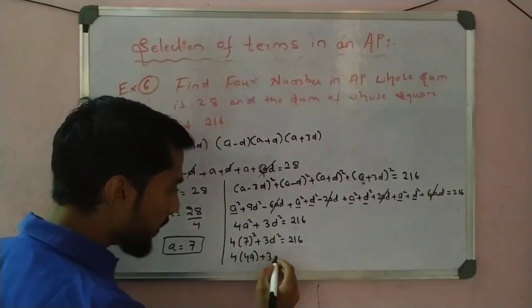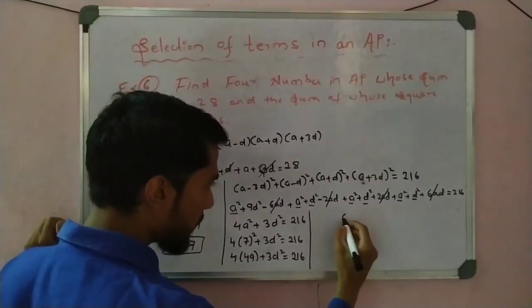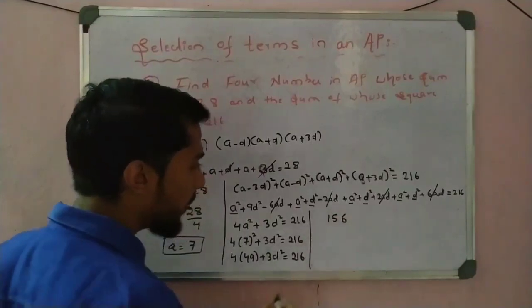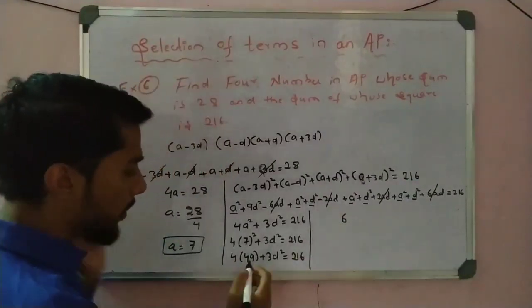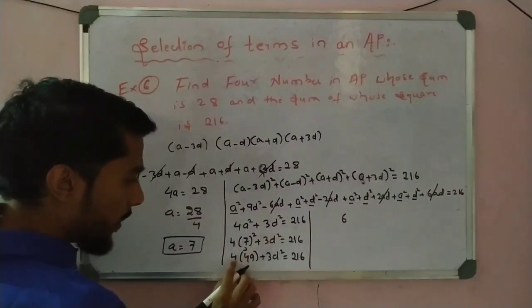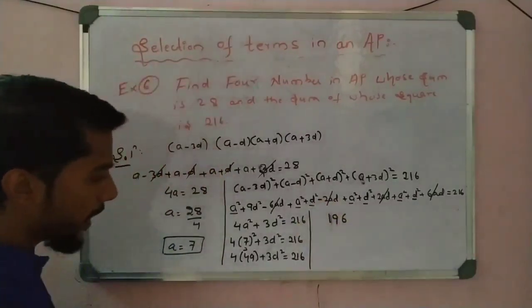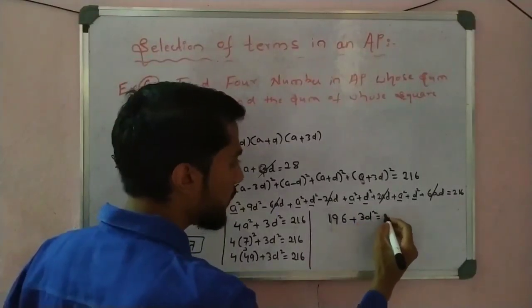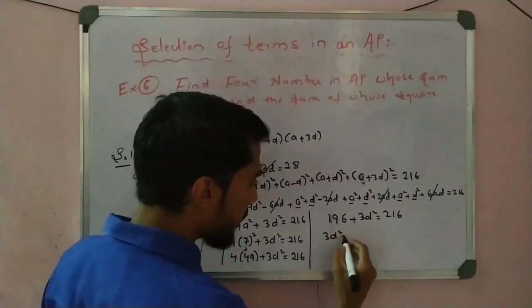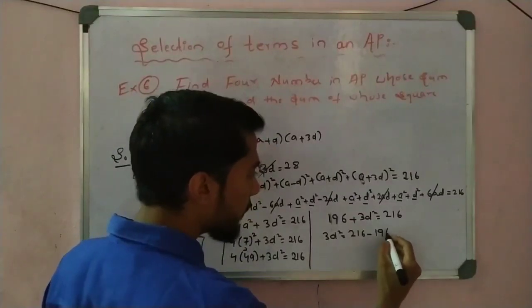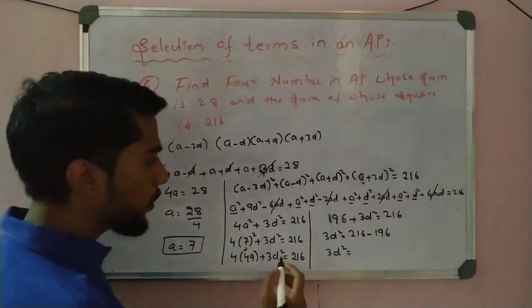Okay, 4 times 49 is 196. Clear? So 196 plus 20d square is equal to 216. Okay, take the side, so what do we get?